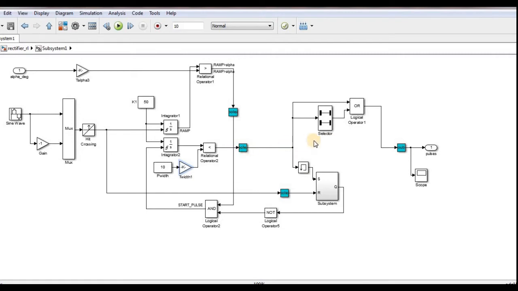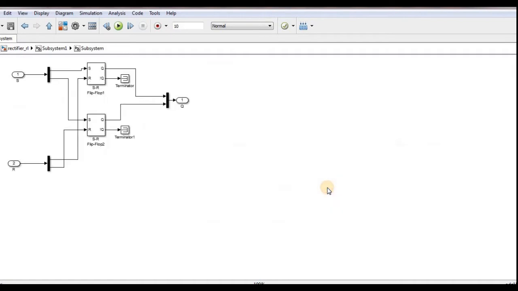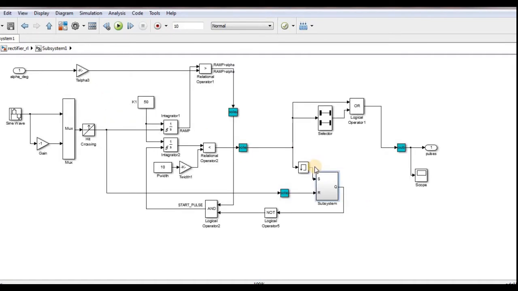And for a closed loop, this is going to the flip-flop. I think many people know this SR flip-flop, so I skipped this. Whenever these two conditions are satisfied, whenever the alpha is crossing the ramp, and the NOT gate of the flip-flop, then only my pulses have to be generated.